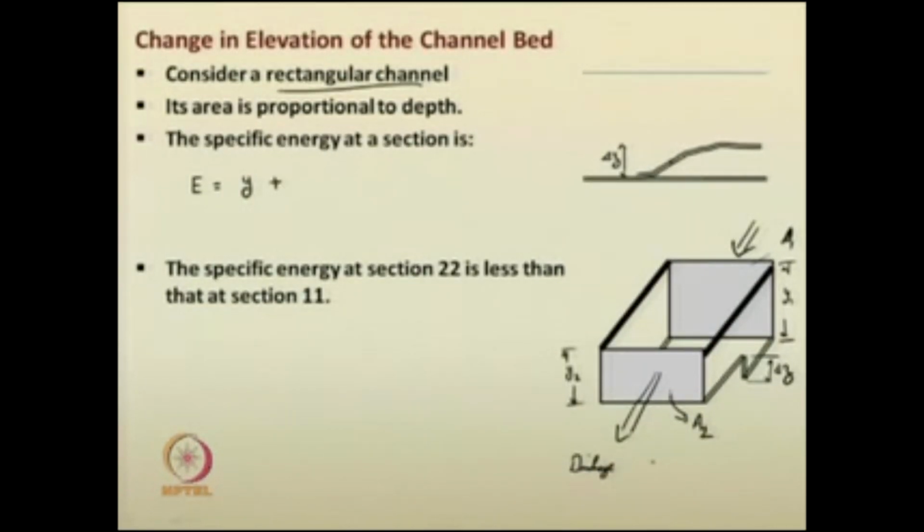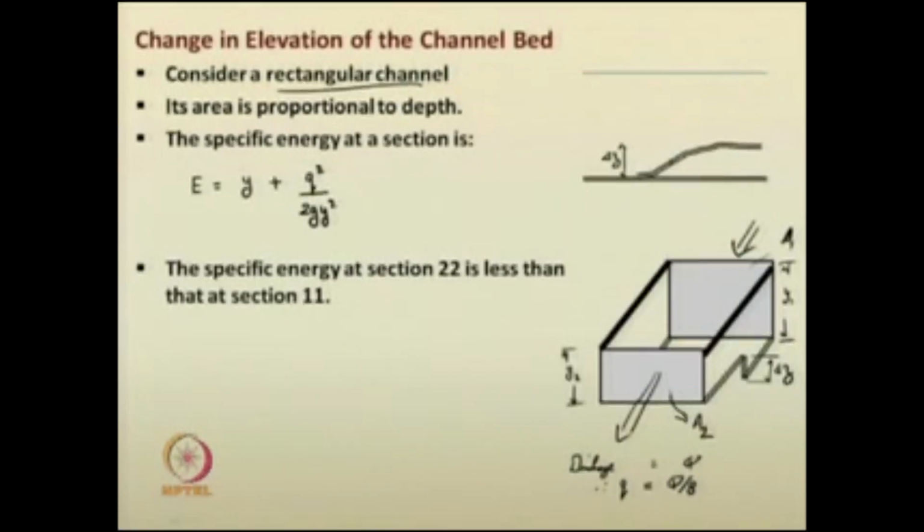If the discharge is equal to Q, then discharge per unit width q can be given as Q by B. This we have done in many of our previous analyses. So, I will be using that small q here, q squared by 2G y square for the rectangular channel.